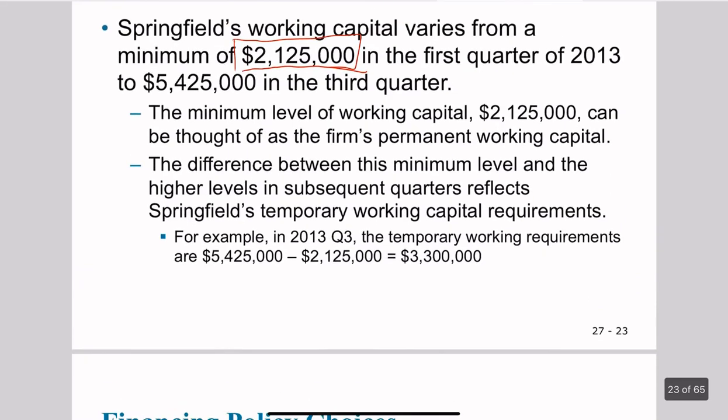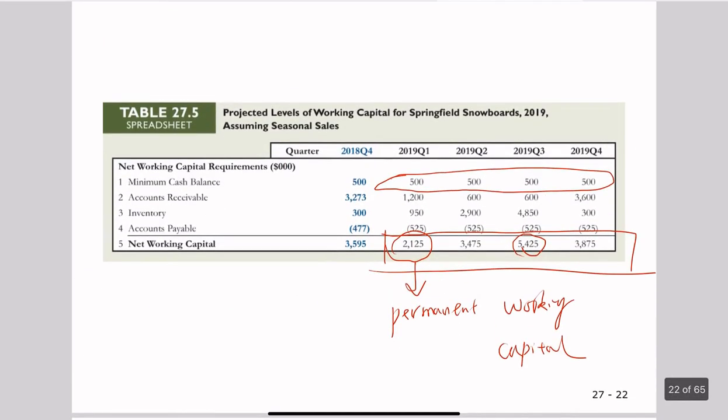Why? Well, because this is the minimum level of working capital, right? Across all quarters, the firm has to at least have this amount, 2,125. That is, permanently, the firm will have to maintain this level of working capital.